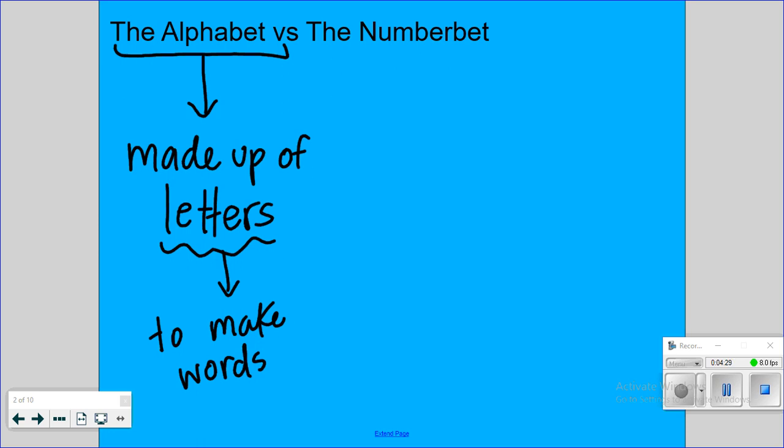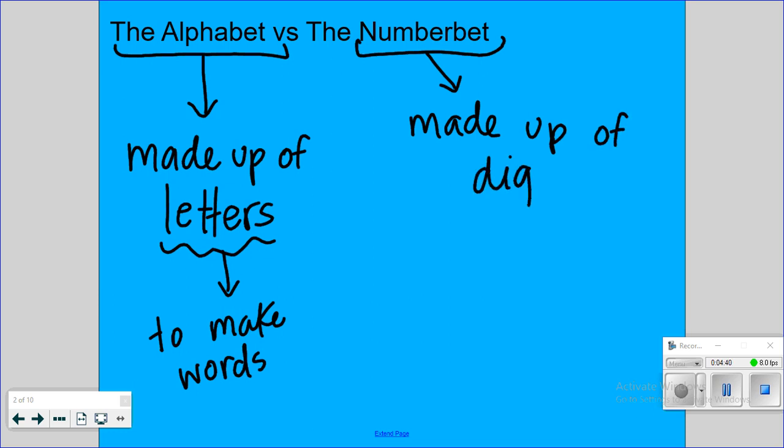called letters in the number bet. They are called digits. So our number bet is like a mini alphabet. It's made up of digits. Those are like our letters. They're our building blocks, those digits. And just like Victor told us with our letters, I can use those letters to make words.